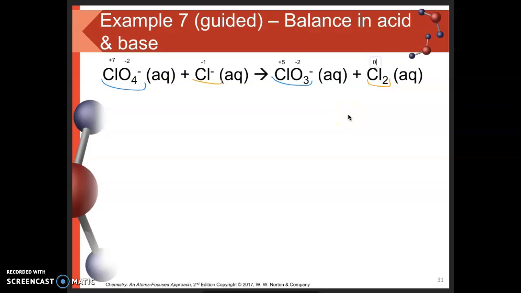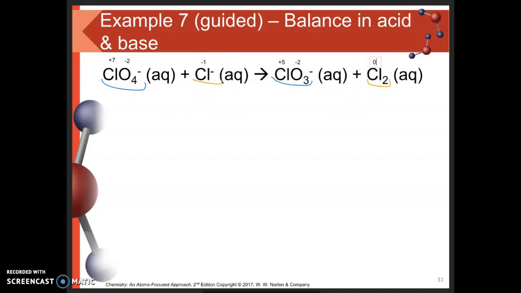Now, if you didn't know where those come from, if you struggled with that, go back and look at that oxidation numbers video again. You really can't do this method without having a good handle on those oxidation numbers. So these are our oxidation states. Again, we can see that the chlorine here did change from 7 to 5. The chloride here did change from -1 to 0.